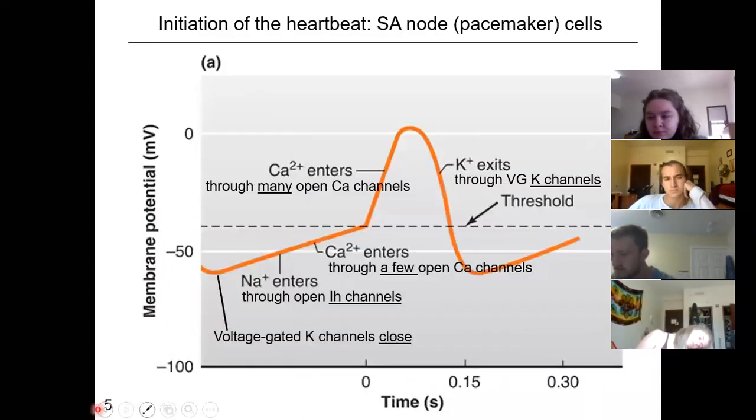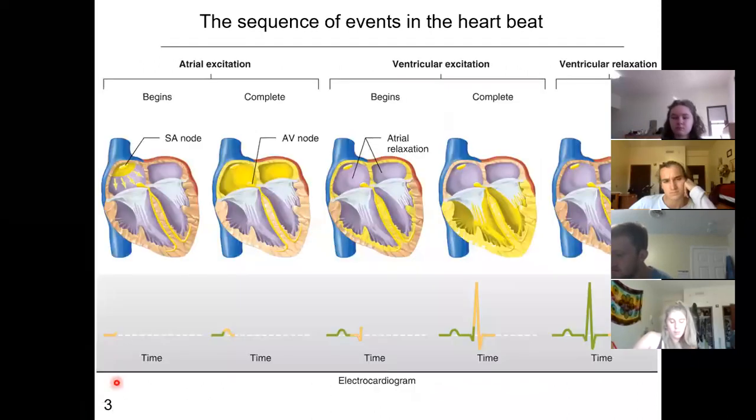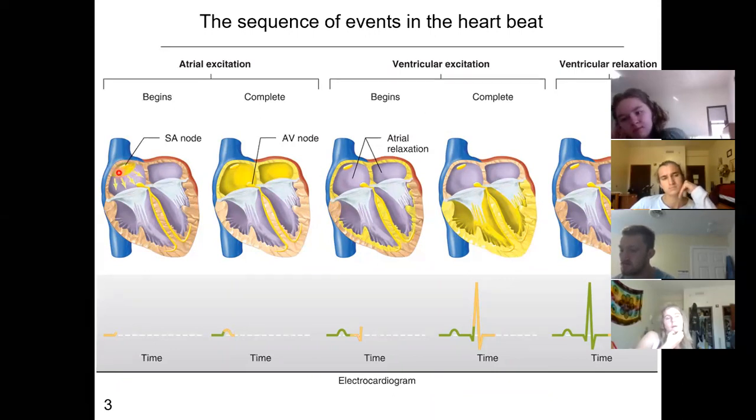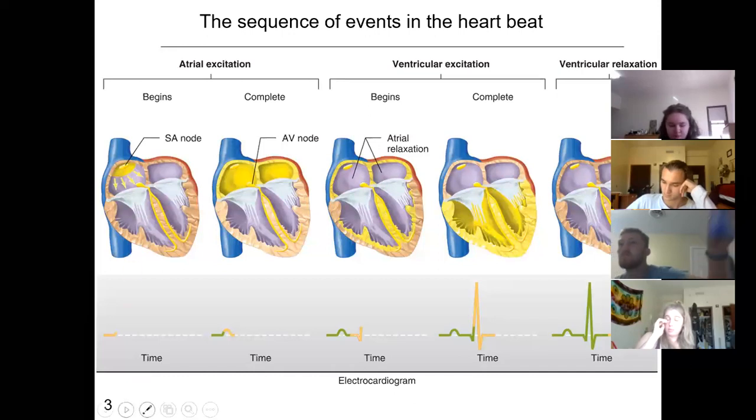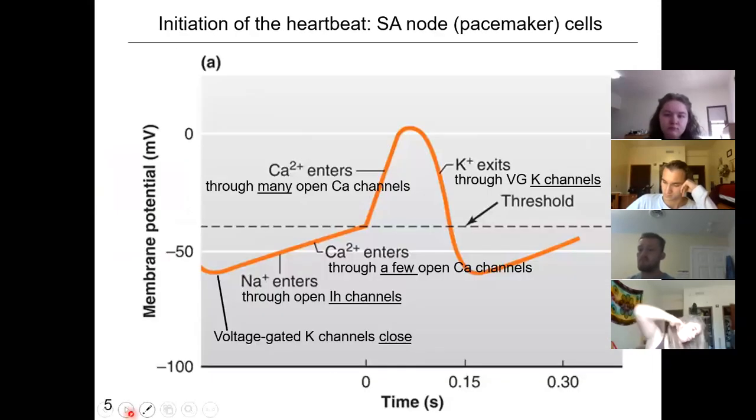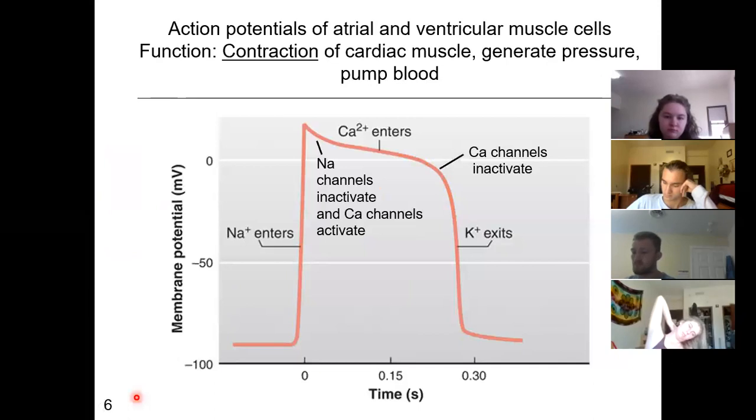So I'm going to go back again. So if this cell spontaneously fires an action potential, it's depolarizing, and now the neighboring cells are receiving that depolarized information, and that depolarization triggers a contractile action potential. So the depolarization activates voltage-gated sodium channels, just like nerve action potentials.